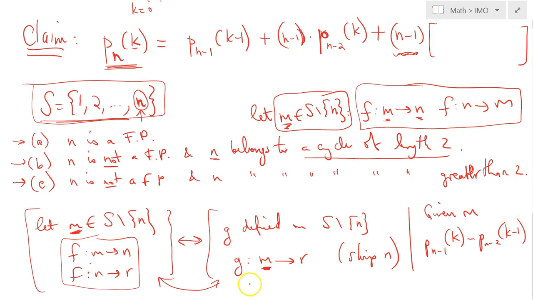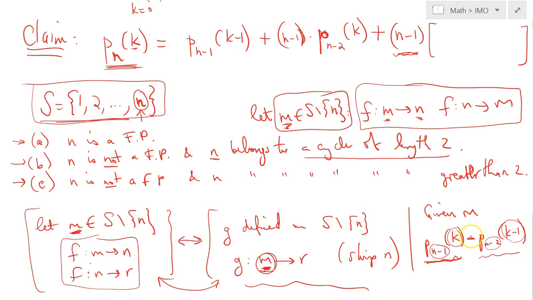The reason is that from all the permutations with n minus 1 elements having k fixed points, we don't want m to be a fixed point. So I need to subtract those where m is a fixed point, because once m is a fixed point, there are n minus 2 elements remaining and you need only k minus 1 fixed points.